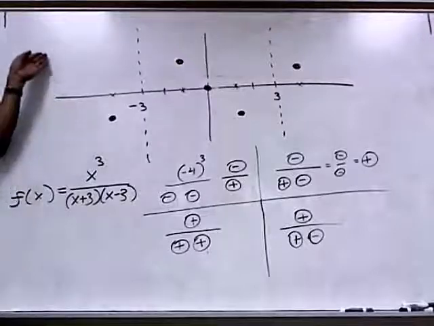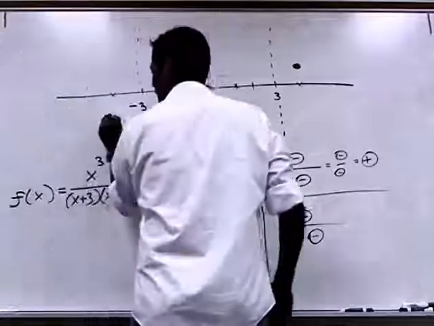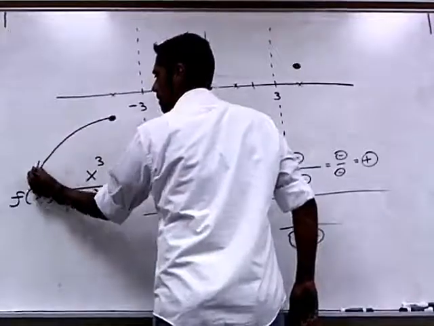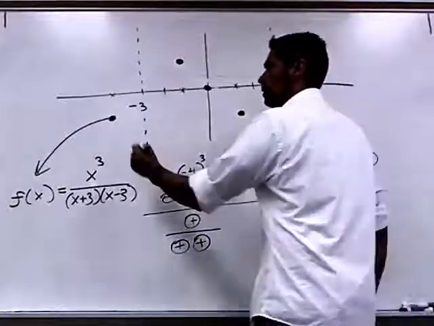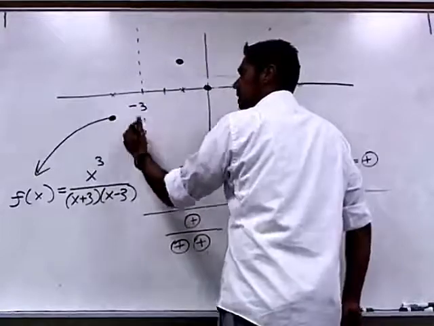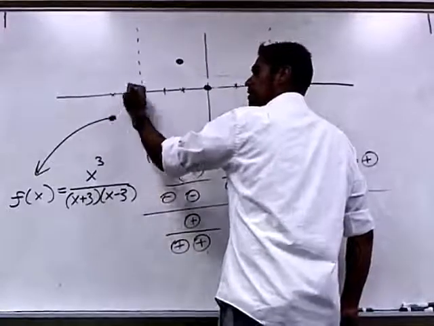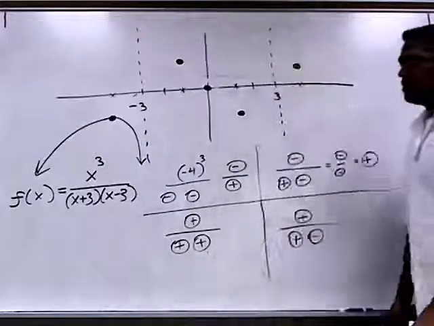I can't go up, why? Across the x-axis, so I have to go down from there. So from here, I have to go down, like that. Now, if I draw it to the right, what has to happen? Well, the vertical is going to block me, right? So I have to go up or I have to go down. I cannot go up, right? Because I'll cross, so I have to go down, so it turns back and goes down like that. So that's what it looks like.